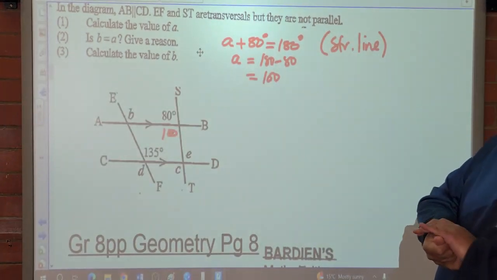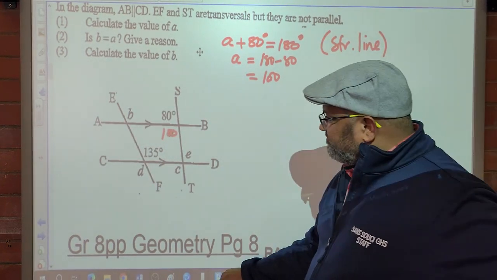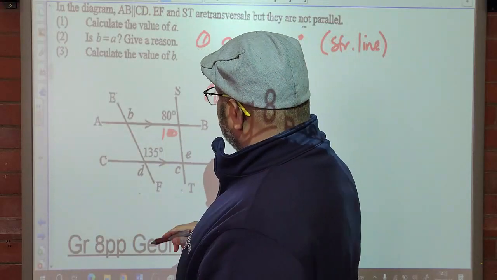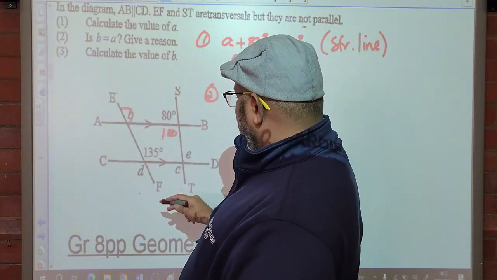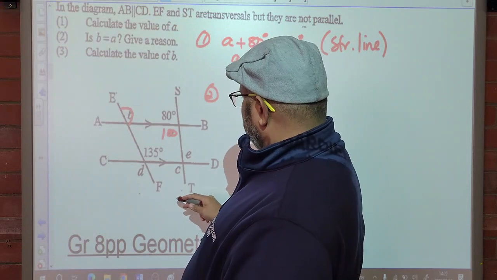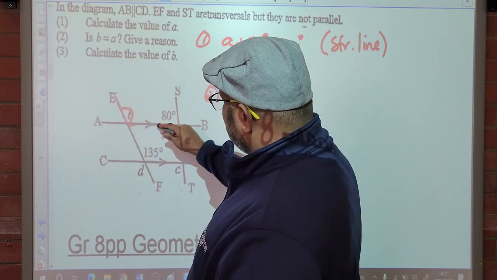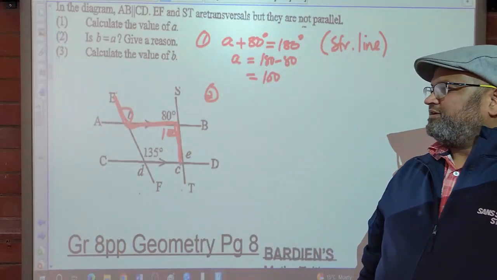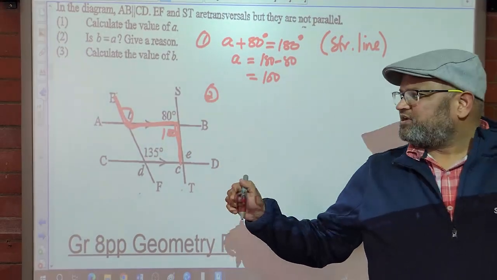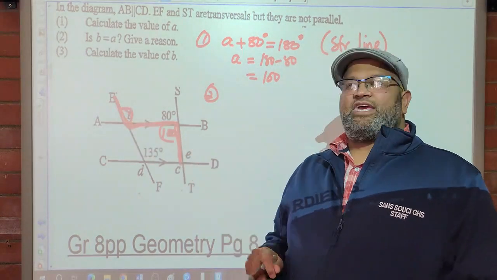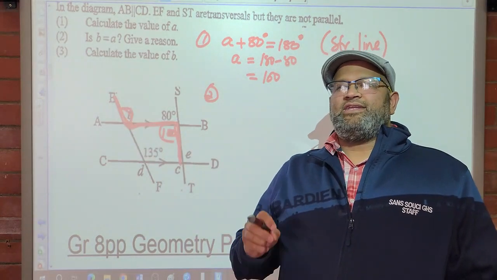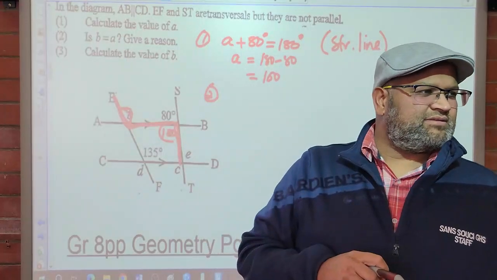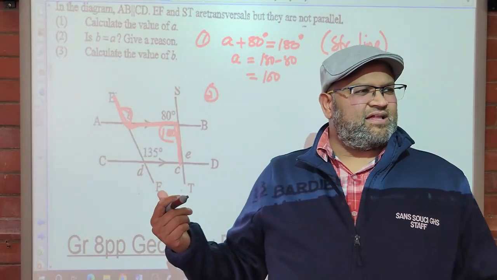Right. Then it says in number 2. So this is number 1. Number 2 says, is A equal to B? Where's A here? Can I say it's equal? No. Those angles are alternate, not so? But are they equal? No. Under what condition will it be equal? The lines are parallel. Are these lines parallel?